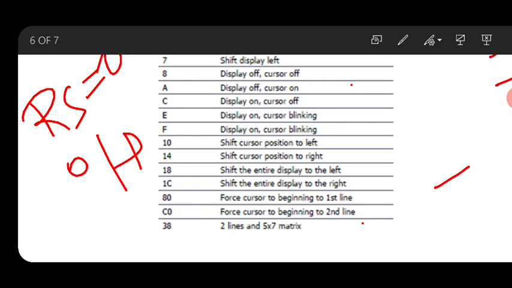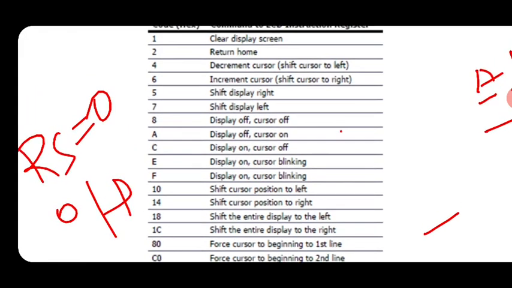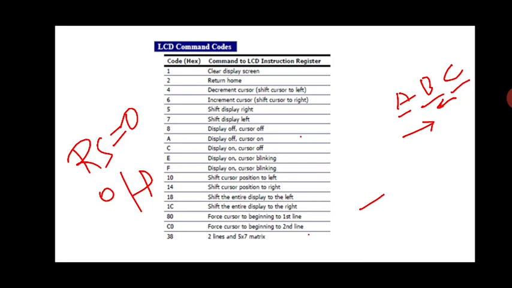If it is C0, it goes to the second row, first position. Similarly, 38 is for 2 lines with a 5x7 matrix, which we are using here. I hope you understood these commands. These are the commands to be transmitted before we perform any operation with the LCD.